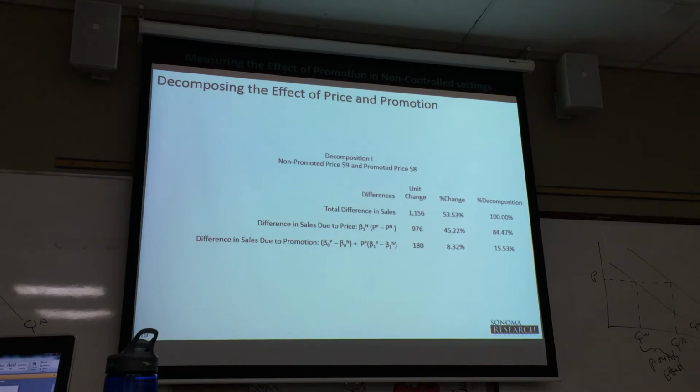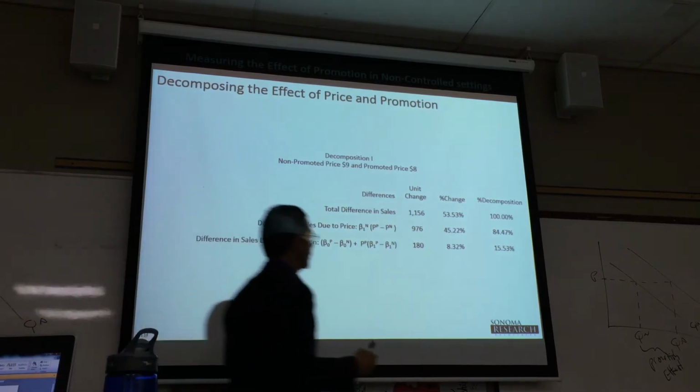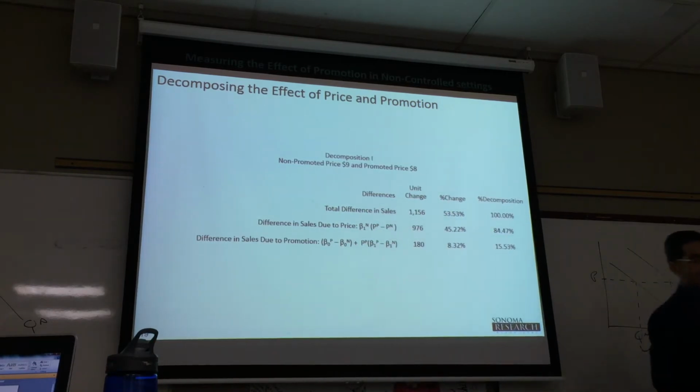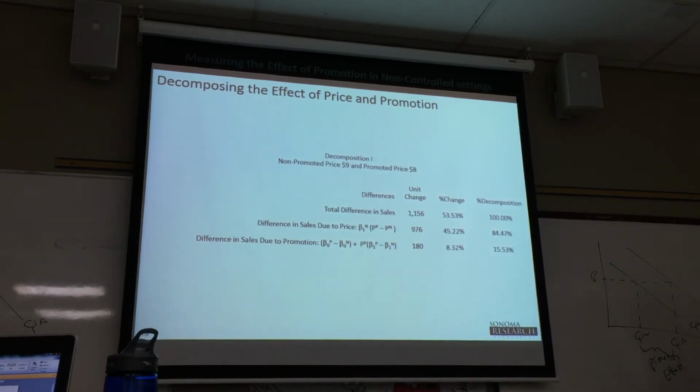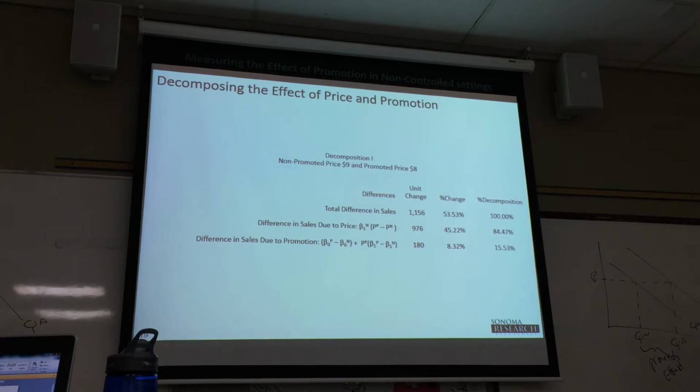So, normally, the decision on whether or not promotion was effective would be based on the 53%. The true effect of promotion is 8%. Pretty simple. So really that's saying if you didn't promote at all, you would still have a 45.22% change in sales, assuming you change price.